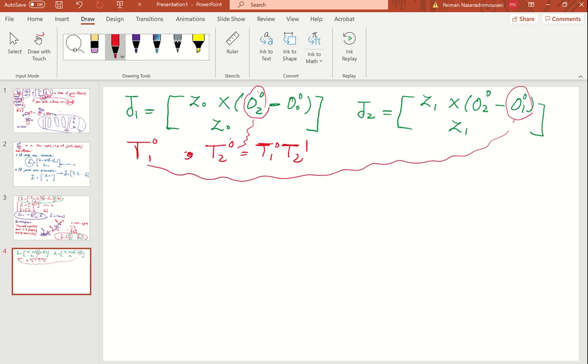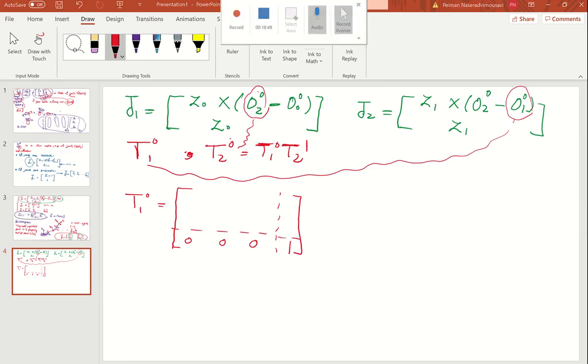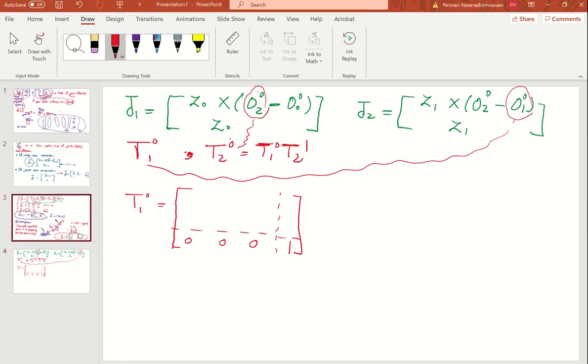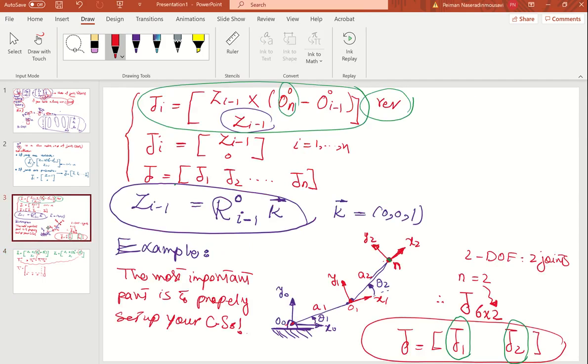Let us do that. So T1 with respect to 0. As you know, you have a 4 by 4 matrix. Remember? 0, 0, 0, 1. Now, hold on guys, look here, now you know it. x1 with respect to x0 is cosine theta 1.